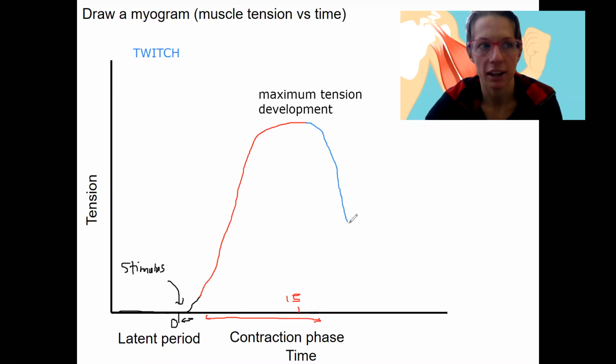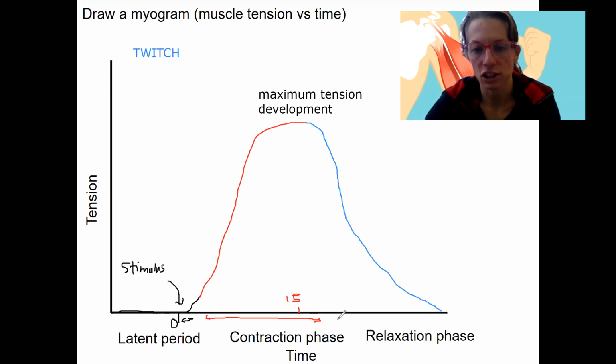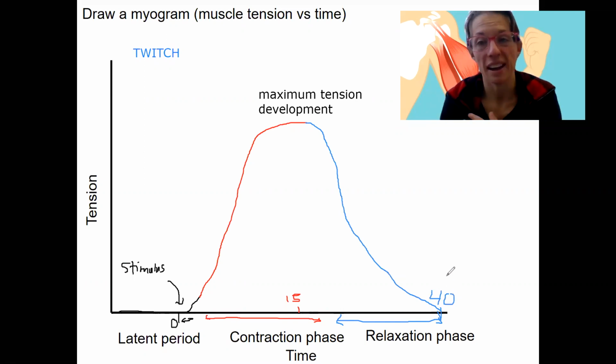Let's have relaxation, the relaxation phase or relaxation period. This is going to be about 40 seconds. That's how long it takes for a single twitch. And you've probably felt these, right? When you have single twitches in your muscles, not usually consciously. This isn't normal muscle firing.